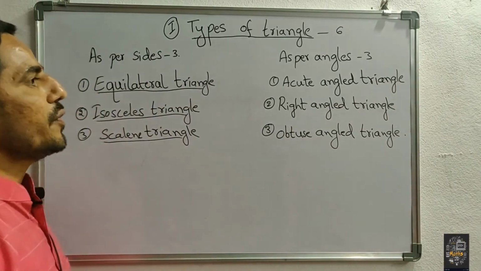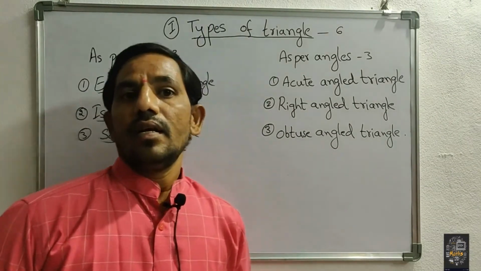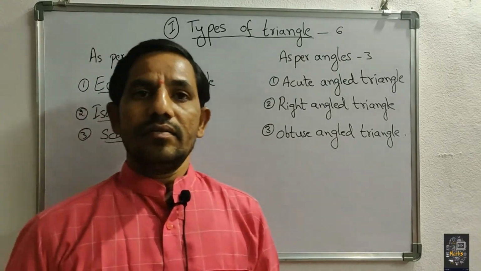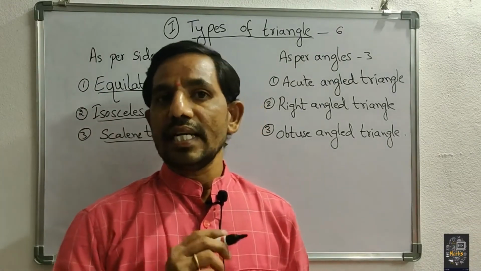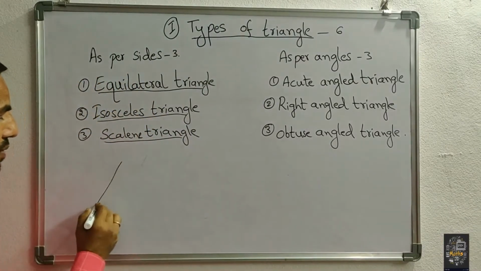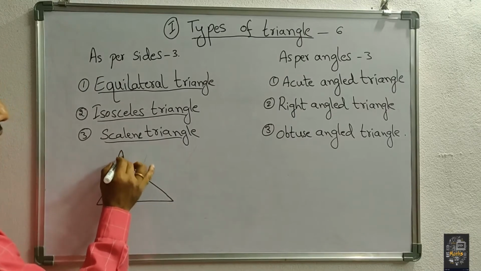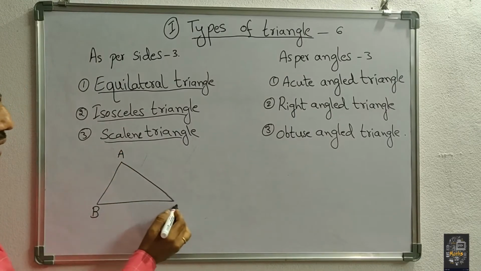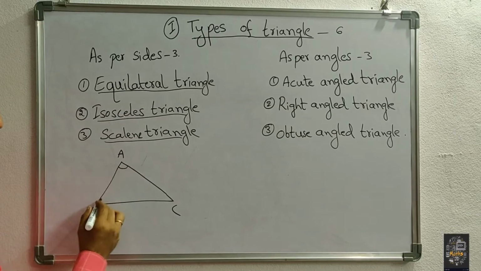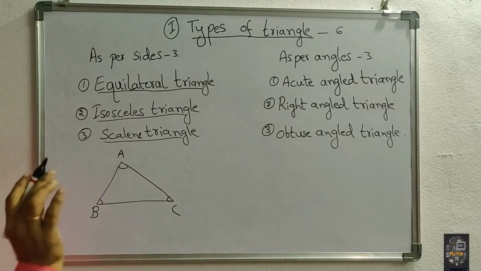First one, acute angled triangle means in which triangle every angle is compulsorily less than 90. For example, draw the diagram. So A, B, C. Angle A, angle B, and angle C. The sum of the three angles is 180.